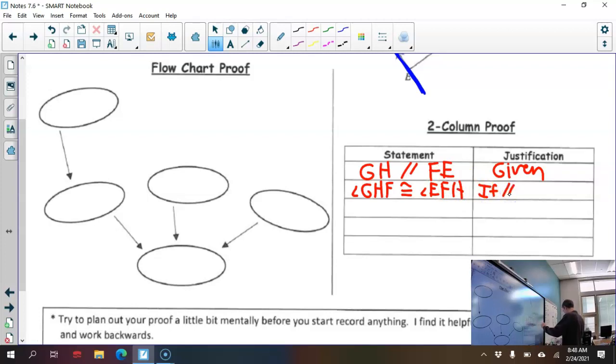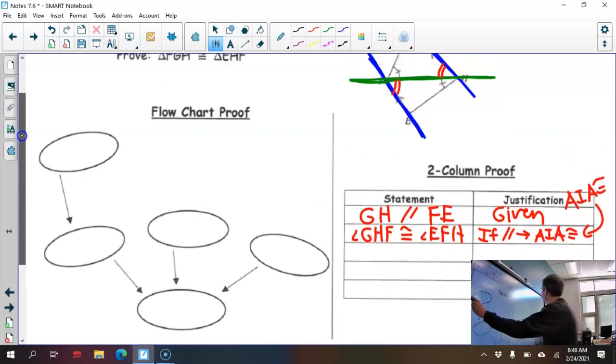If parallel lines, then alternate interior angles congruent. That really describes it. You know what that actually describes, and you could write this instead, it describes the alternate interior angles theorem. If you have parallel lines, then the alternate interior angles are congruent. And I think the way I wrote it is a nice, clear explanation of why those angles are congruent.